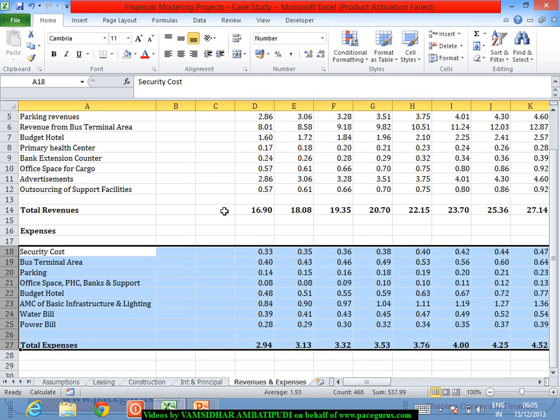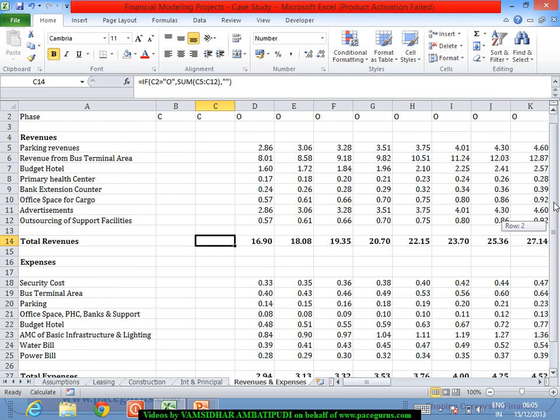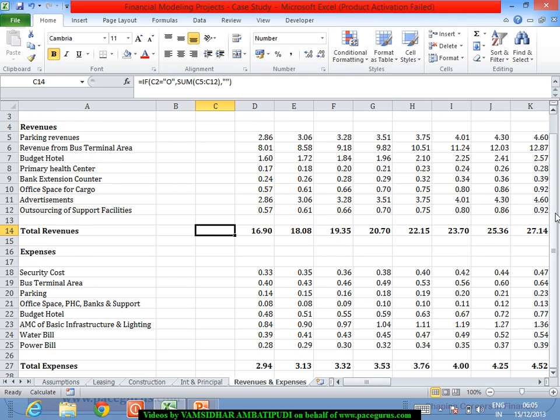So from the real business operations, I am expecting that right from the year 3, when the operations period is starting, these are the various sources of revenue for me, and these are the various sources of expenses. So probably the difference between these two is what is contributing to the profits every year.